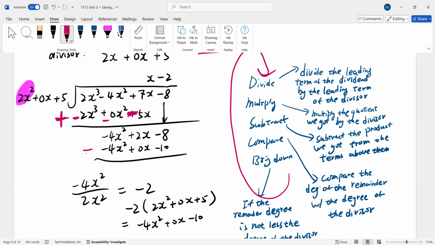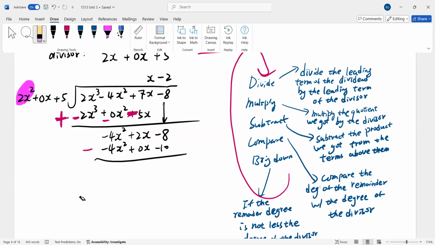We're going to subtract the product we placed under the new dividend from the terms above it. If we subtract vertically, it's not convenient. Sometimes people mess up the sign. So we are going to add the opposite. So we change negative to positive, negative to positive, and negative to positive. And then we add them together.